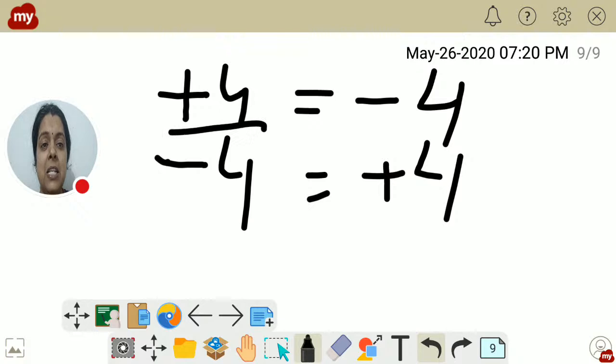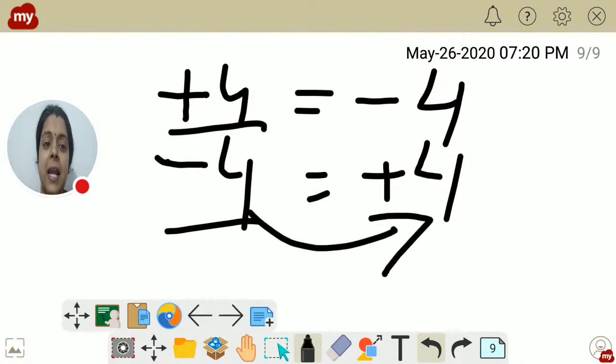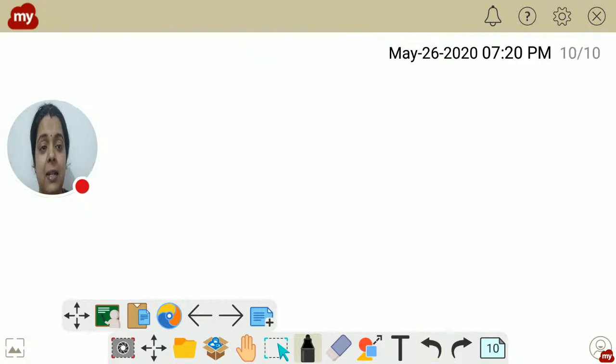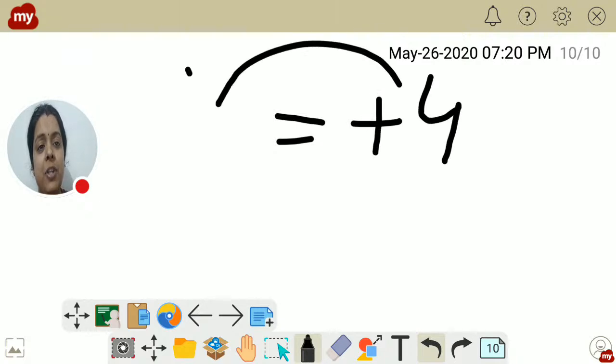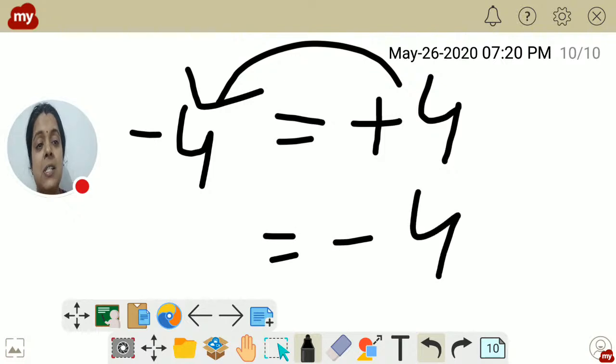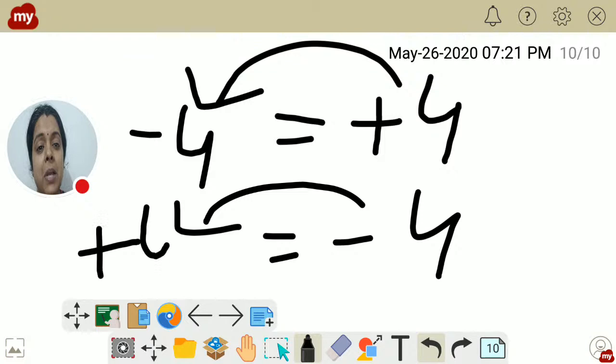If it is minus 4 and I shift it to the right hand side, it will be plus 4. The same goes from the other side: plus 4 becomes minus 4, and minus 4 becomes plus 4, right? So the plus minus concept is very clear. I hope it is clear to everybody.